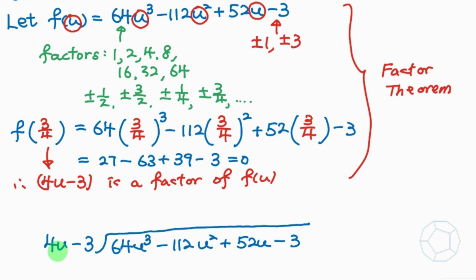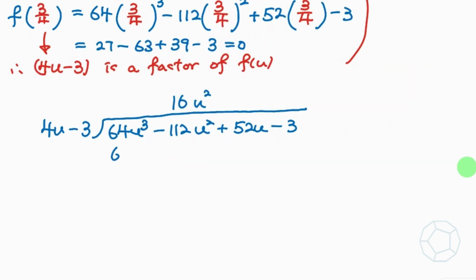So 4u multiplied by 16u squared is equal to 64u cubed. We write 16u squared here so that the u squared terms are along the same vertical column. So of course the first term must be 64u cubed. Next, negative 3 times 16u squared is equal to negative 48u squared.